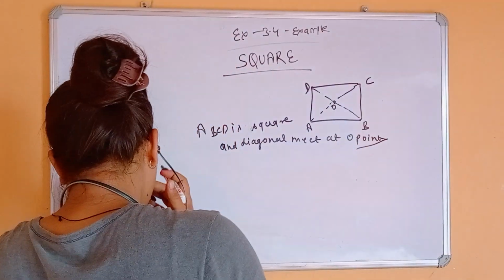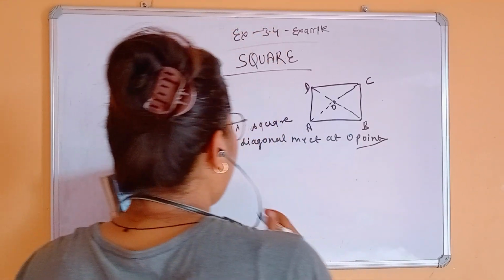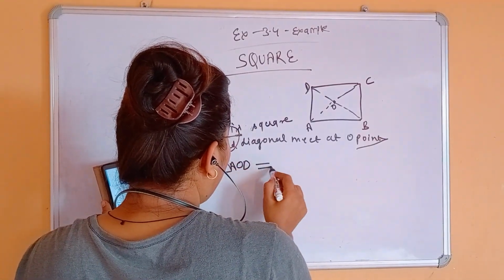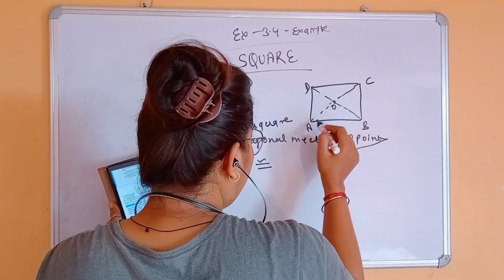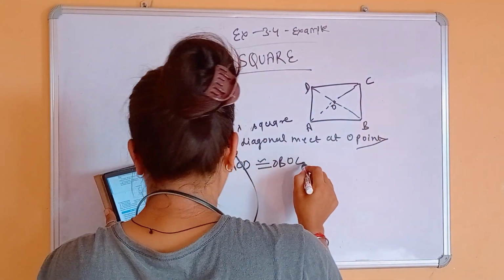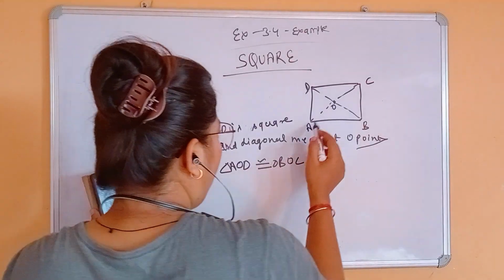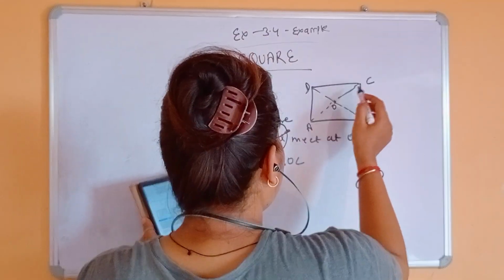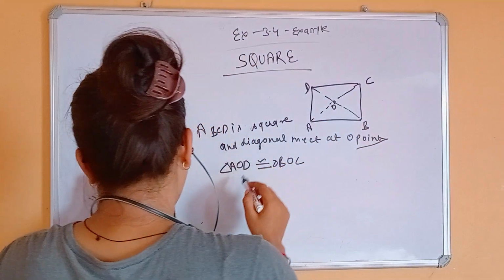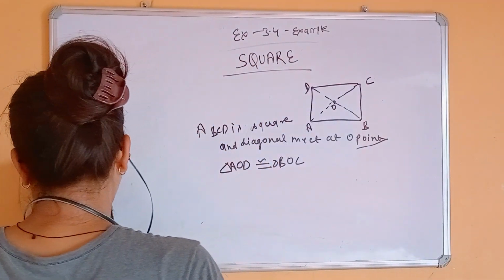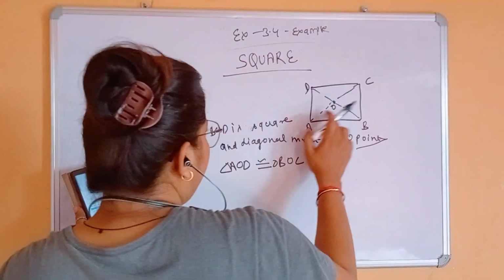So what is written here? Triangle AOD is congruent to triangle BOC, and AOD and COD. Any triangle is equal to all the triangles. Since the angles are linear, each triangle makes a right angle.